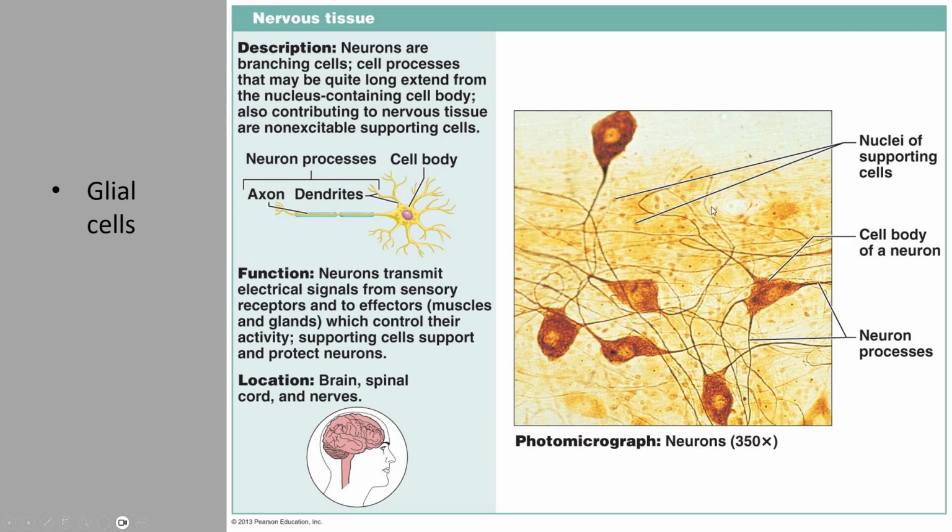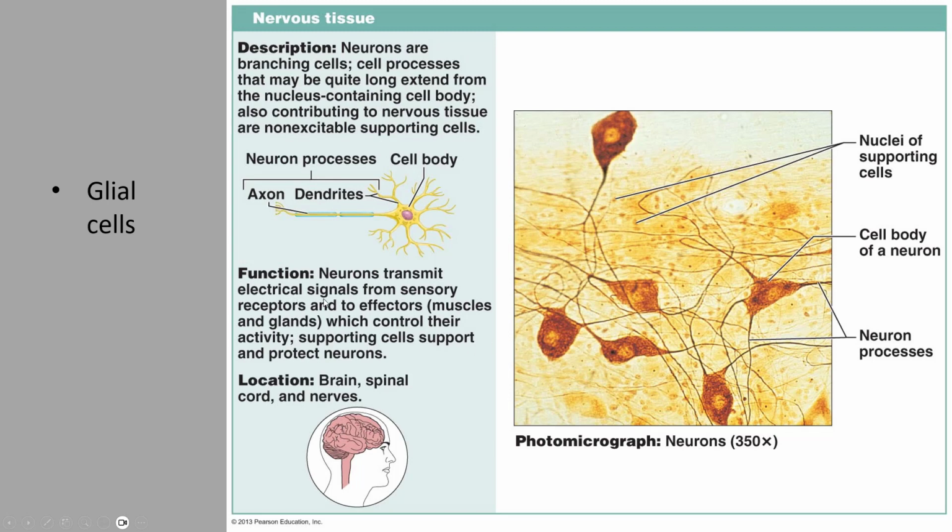And glial cells, it's not actually a cell. It is lots of different types of cells, all with different functions. So sometimes we will just see them called supporting nerve cells. We will be looking in depth at nervous tissue a little later after we get through Unit 3 and start Unit 4.